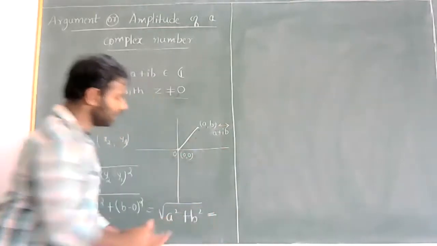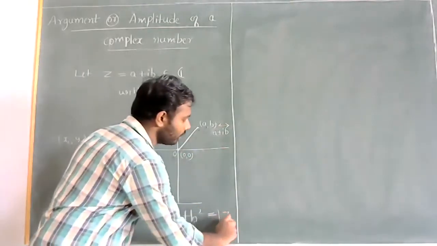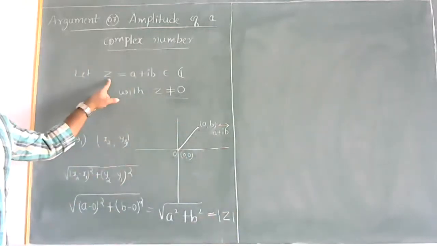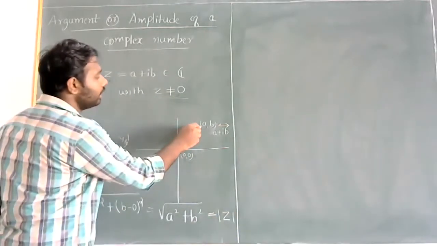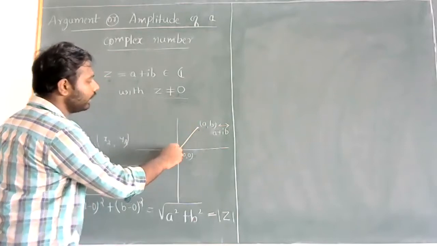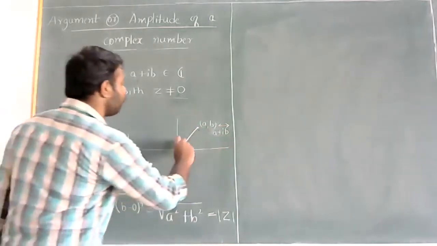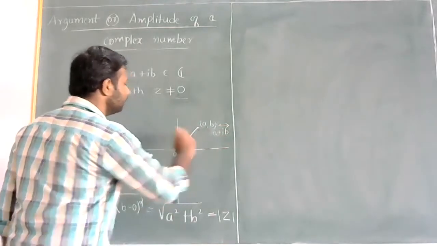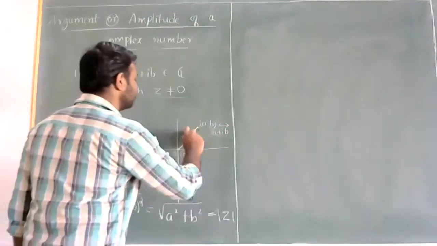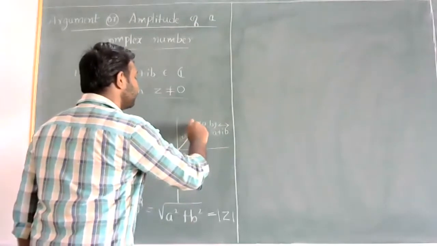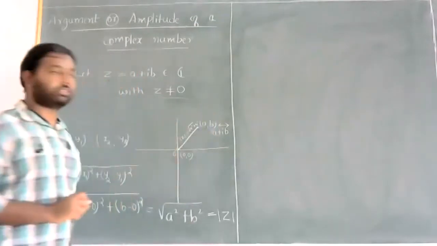And we know that this is nothing but the modulus of the complex number z. So the length of the line joining the origin and the complex number a plus ib is always the modulus of z, the square root of a square plus b square.